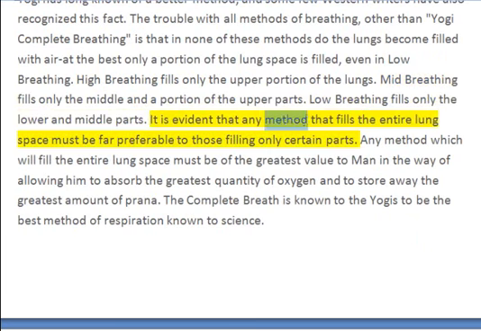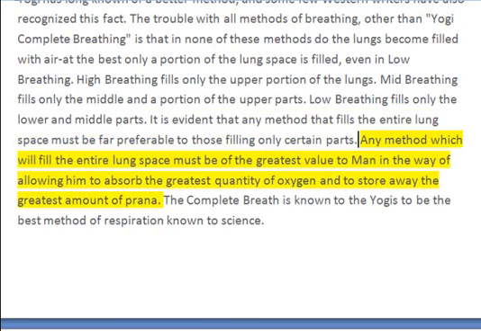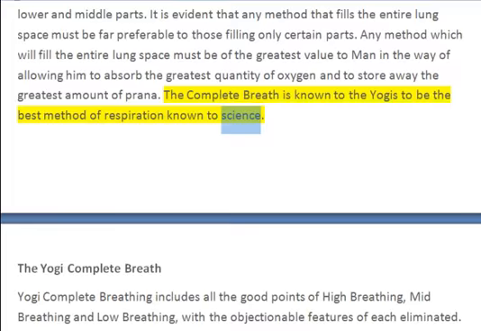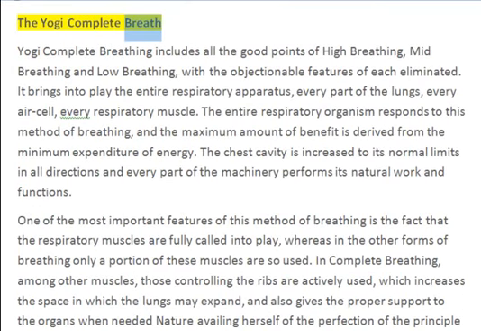It is evident that any method that fills the entire lung space must be far preferable to those filling only certain parts. Any method which will fill the entire lung space must be of the greatest value to man in the way of allowing him to absorb the greatest quantity of oxygen and to store away the greatest amount of prana. The complete breath is known to the yogis to be the best method of respiration known to science. The yogi complete breath.